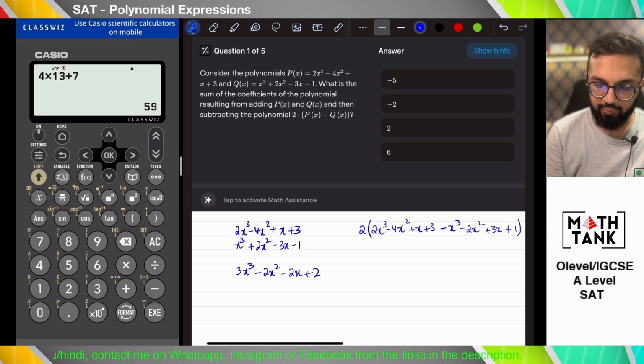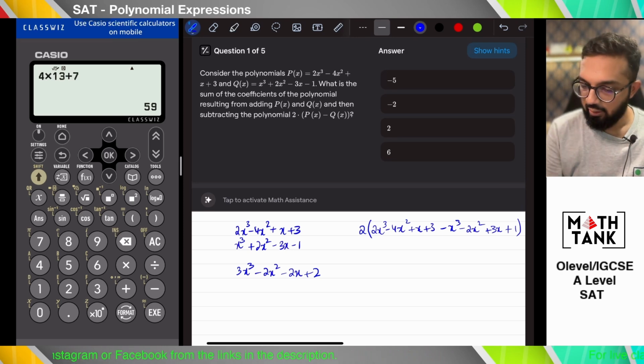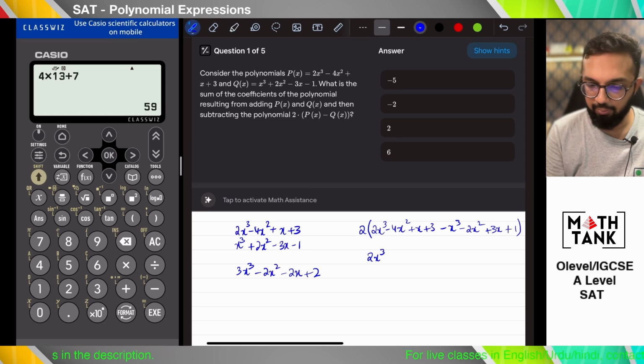So I get 2x cubed net, minus 4x squared minus 2x squared gives me minus 6x squared, so minus 12x squared, and then plus x plus 4x, so plus 8x and plus 2.